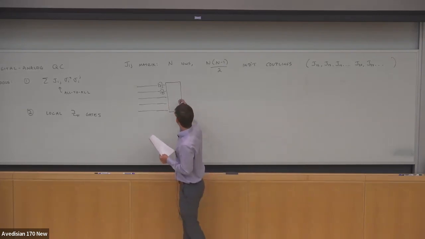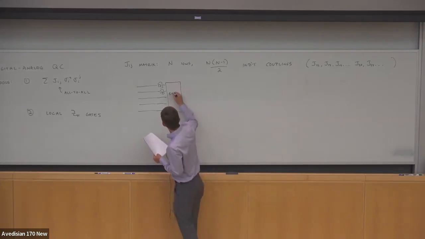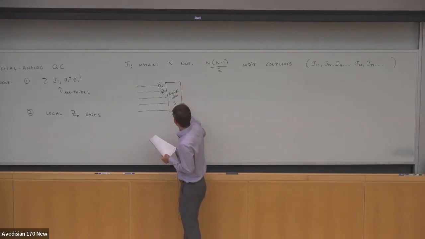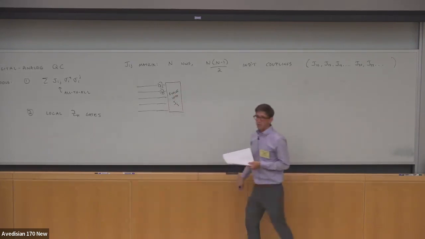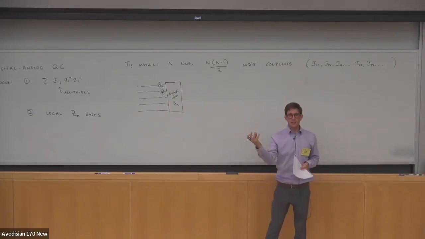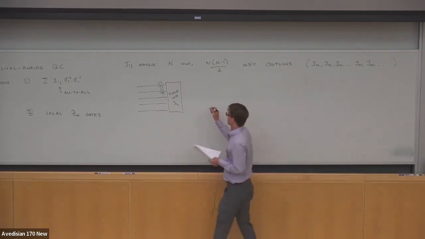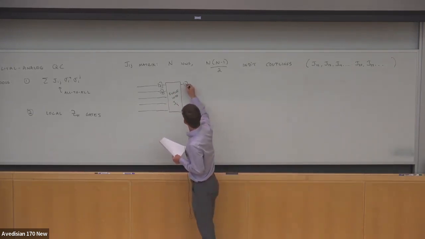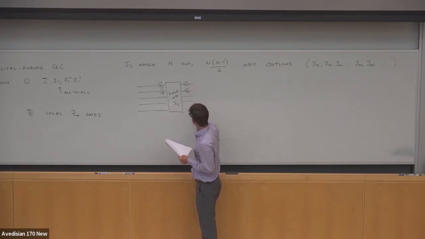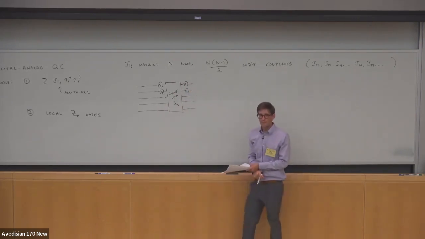Then you evolve with your Jij, the Jij that you have in this global entangling interaction. And then you apply more single qubit rotations on 1 and 2.